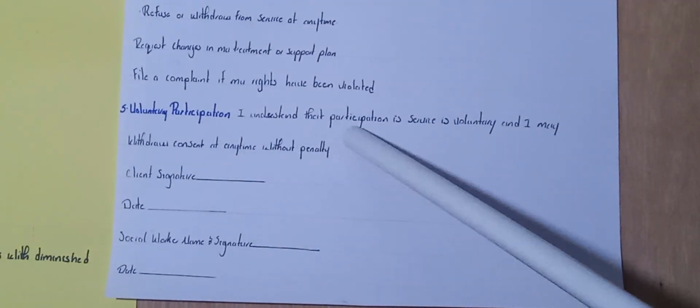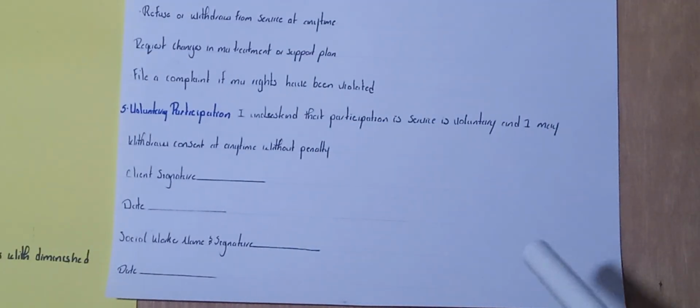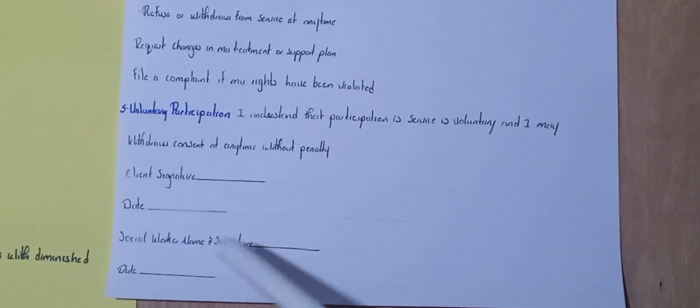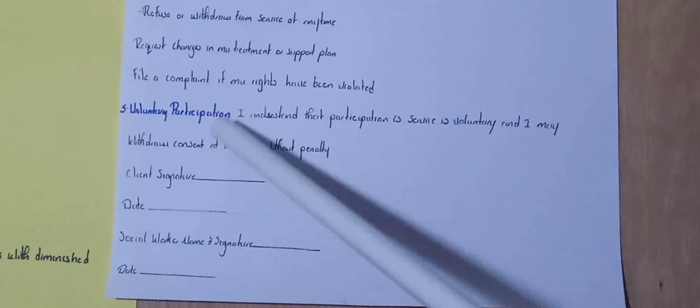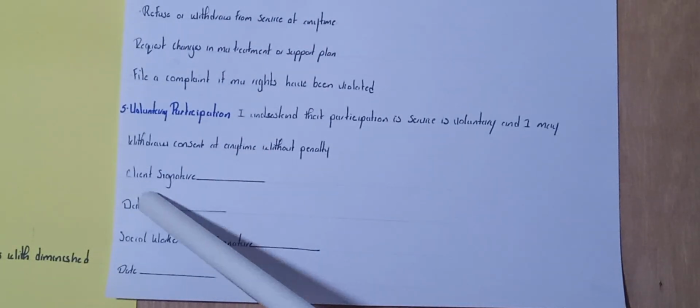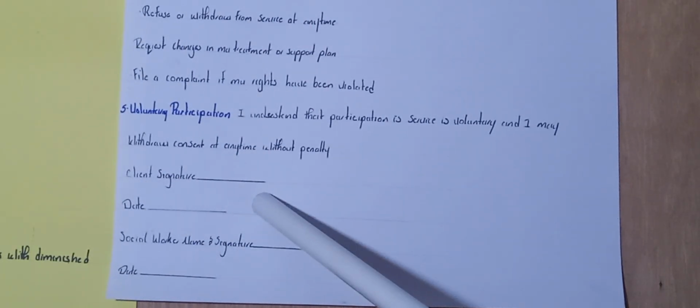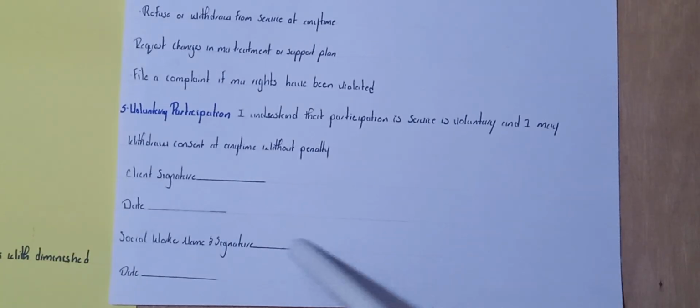You're voluntarily participating, or you don't want to participate. That's your right as a client as well. Then it also contains the client's signature, the date, the social worker's signature, and others.